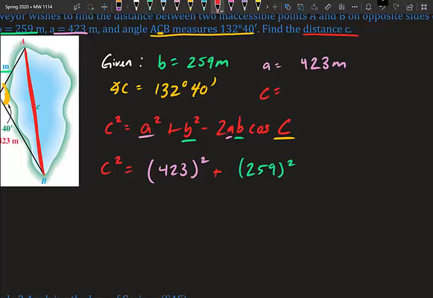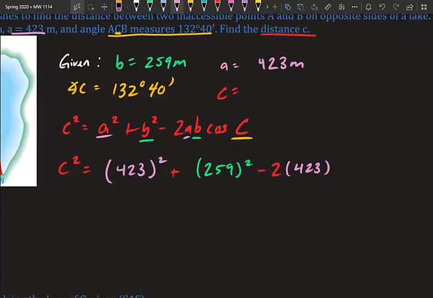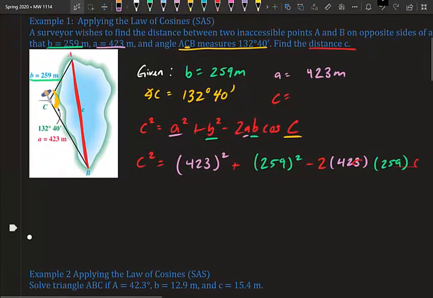And then that's all minus 2 times A, which is 423, times B, which is 259. I keep wanting to say it backwards. And that's all times cosine C.